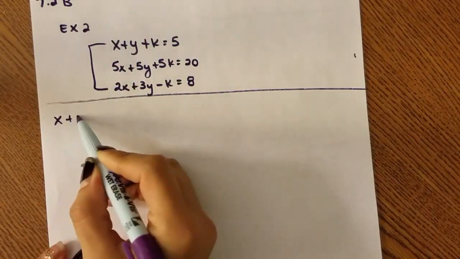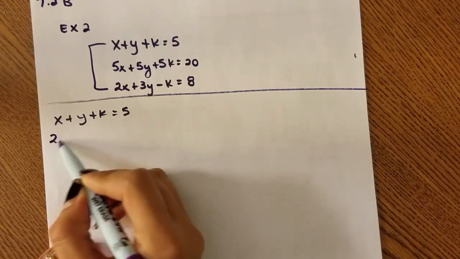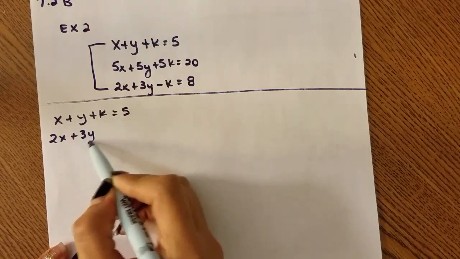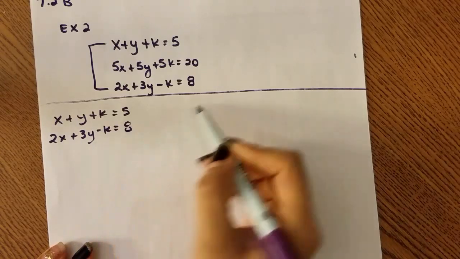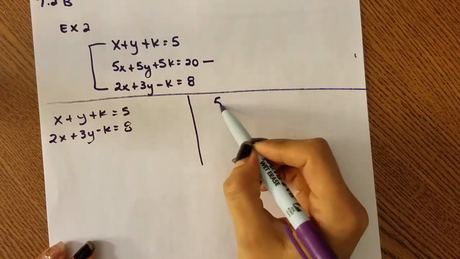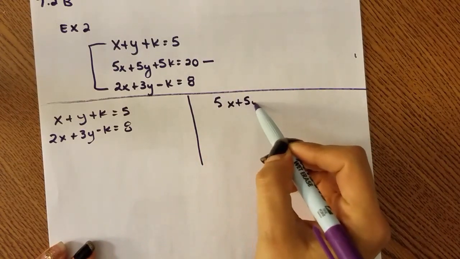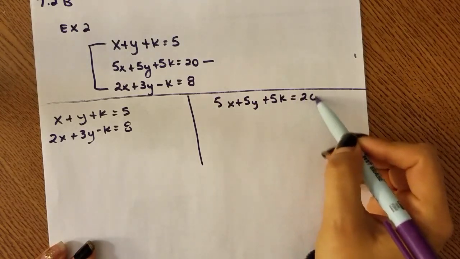So x plus y plus k equals 5, and 2x plus 3y minus k equals 8. Okay, so knowing that, I'm going to have to take this one next. So 5x plus 5y plus 5k equals 20.